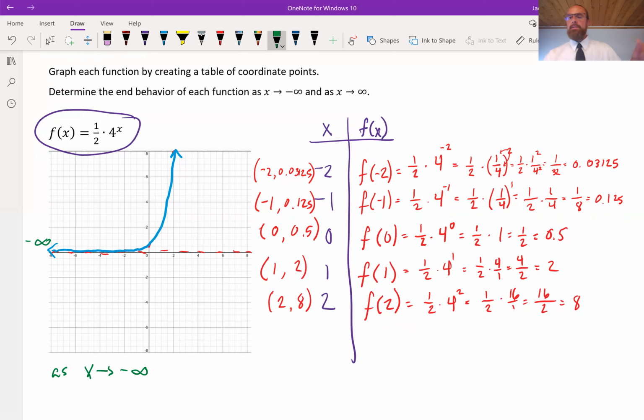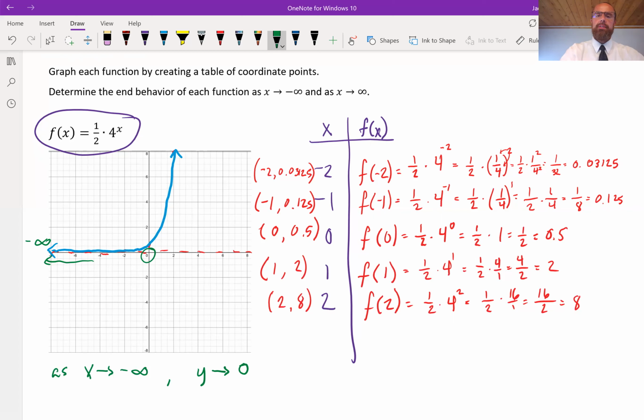That's the left-hand side of the graph. So as x approaches negative infinity, we have to ask ourselves, what happens to the y value? Well, we can see based on the asymptote that we dashed in on the x-axis, the y value approaches 0.